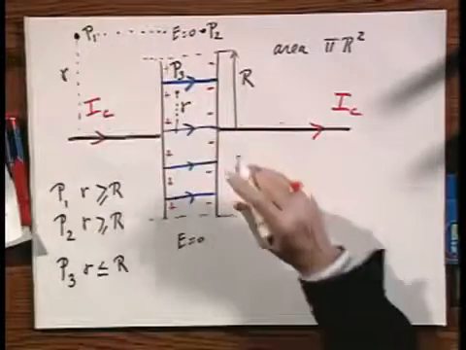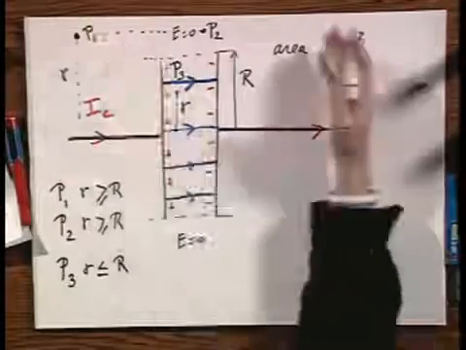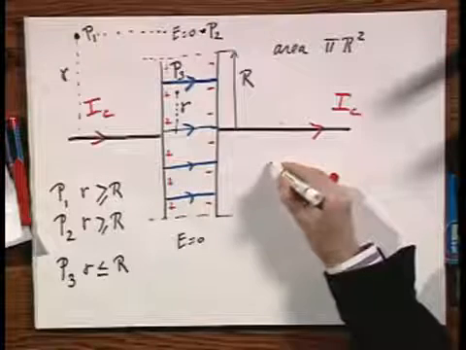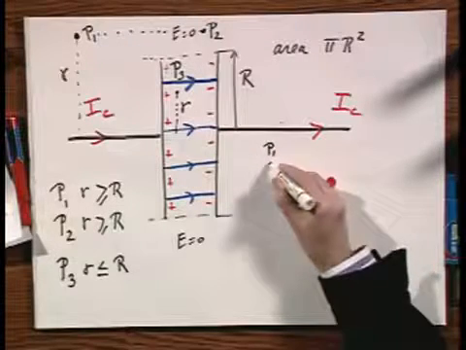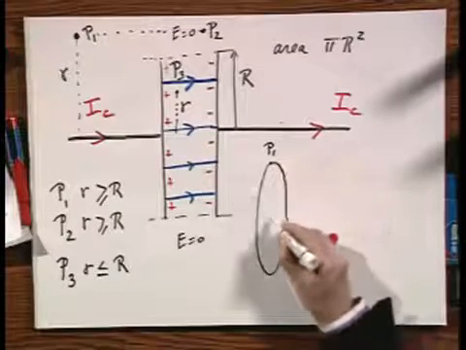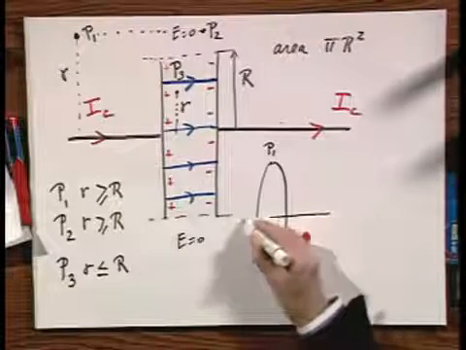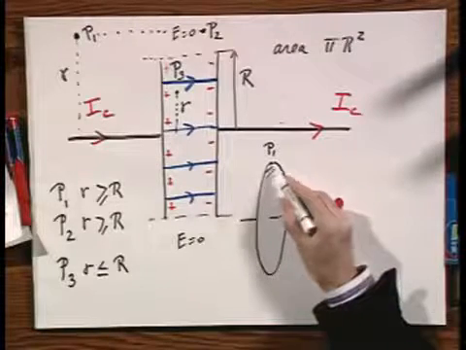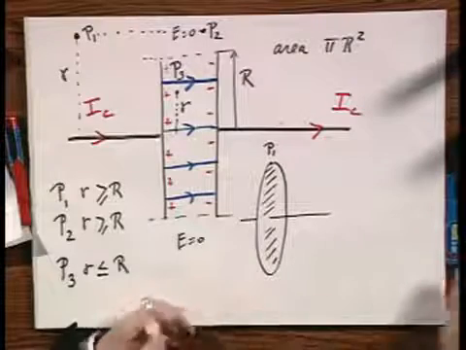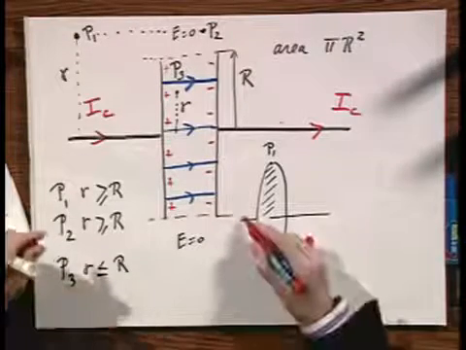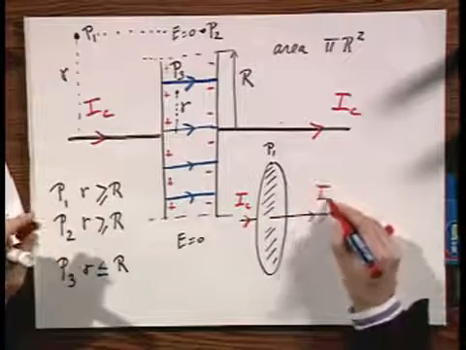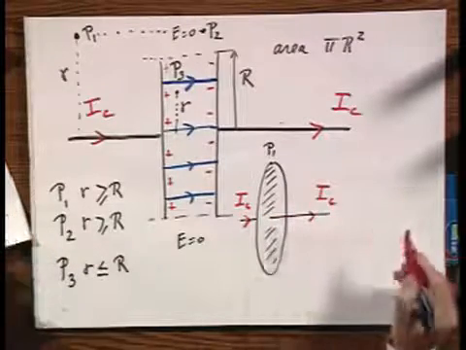It's completely classic. You don't even need Maxwell's new equation. You simply take Ampere's law. If this is your point P1, you choose as your closed loop a circle which is completely symmetric relative to the wire. You choose a flat surface. There's no reason why you would not do that here. There is a conduction current IC coming in here, and there is a conduction current IC coming out there.